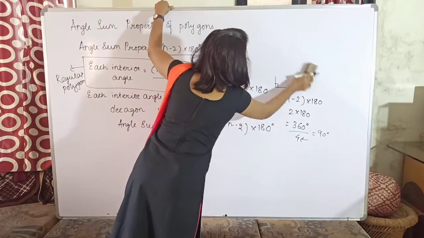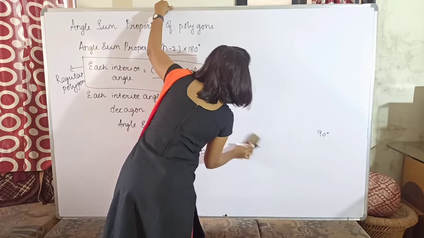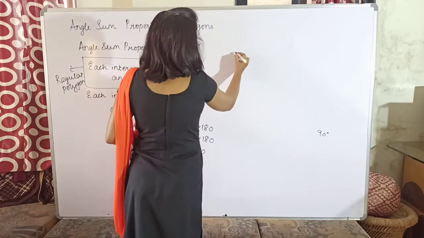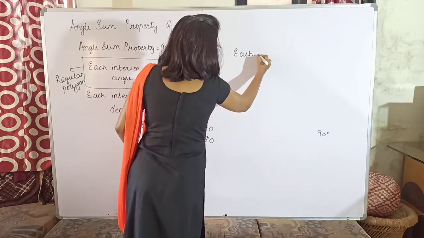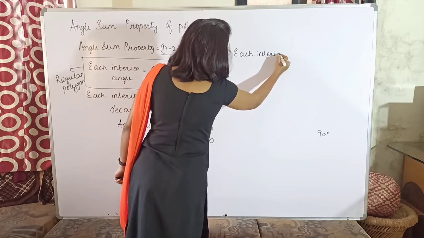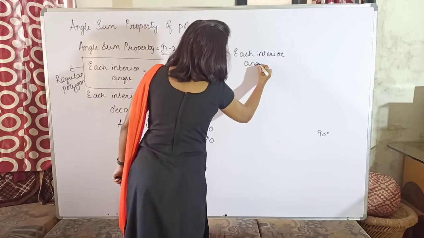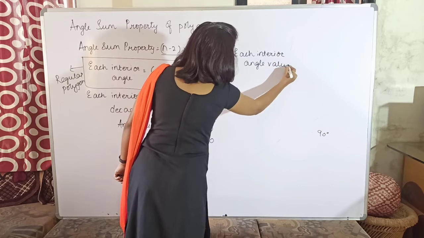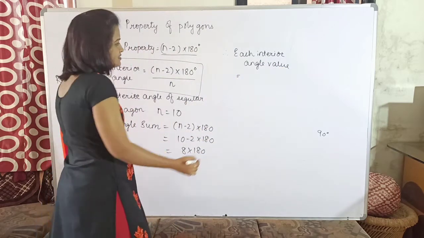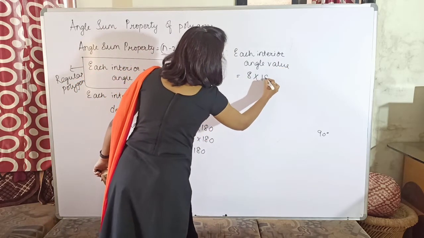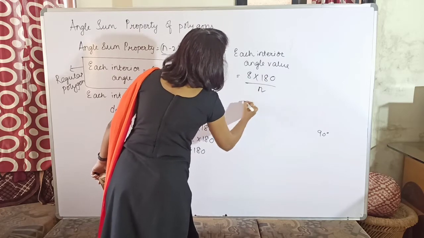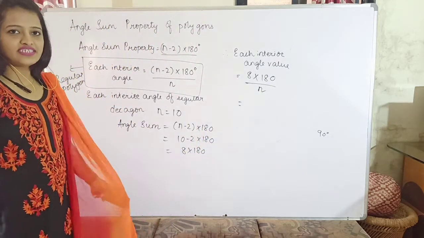Further, therefore, each interior angle value will be equal to the angle sum divided by the number of sides. Now how many sides or angles, since they are equal?